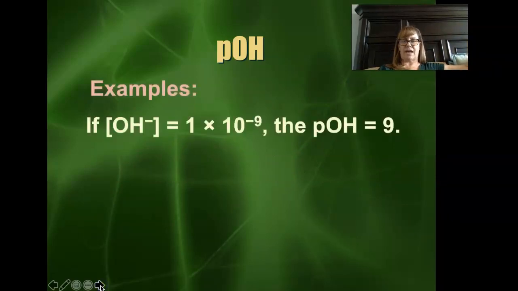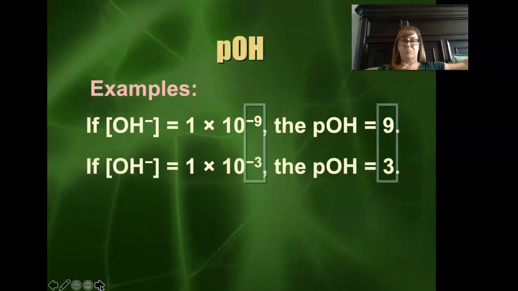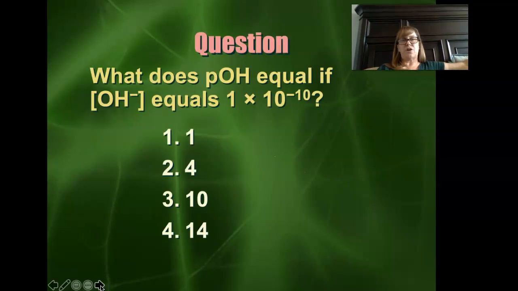So if the hydroxide ion is 1 times 10 to the negative 9th, you take the negative log of that concentration, and you're going to find that the pOH is 9. Here are a couple other examples. All right, so pOH of 1 times 10 to the negative 10 is, that's right, 10.